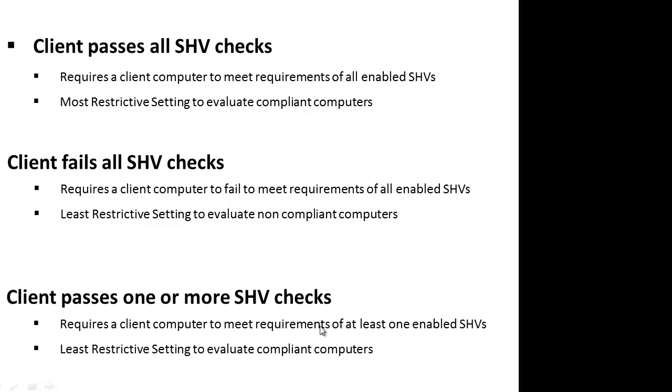A third SHV check is client passes one or more SHV checks. We would want to use this one to create a health policy that requires a client computer to meet the requirements of at least one enabled SHV. And this is the least restrictive setting that you can use to evaluate compliant computers.